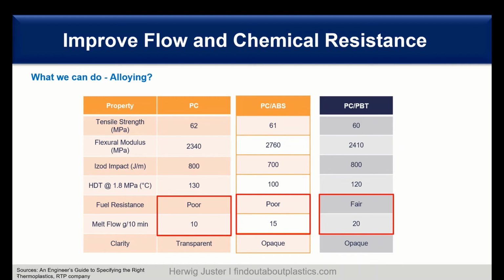These are huge parts when you think of such housings, so shrinkage and warpage control is really important. And you also need good flow, because with big parts you have long flow paths, and that together gives us fair fuel resistance together with a good melt flow to fill such big parts.